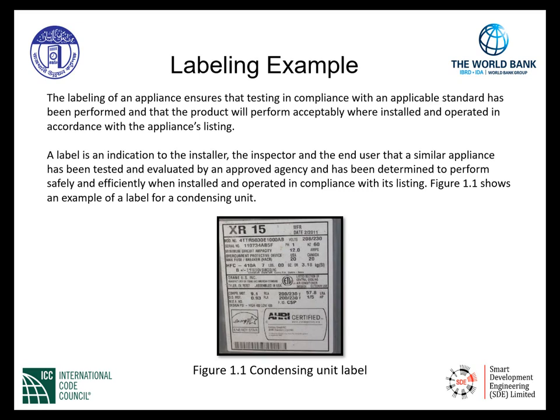The label is an indication to the installer, the inspector, and the end user that a similar appliance has been tested and evaluated by an approved agency and has been determined to perform safely and effectively when installed and operated in compliance with its listing. Figure 1.1 below shows an example of a label for a condensing unit.